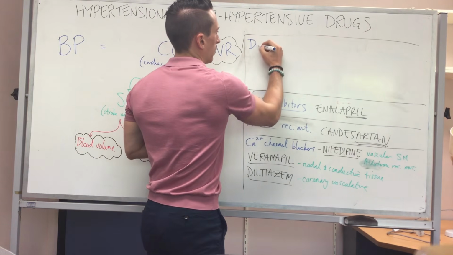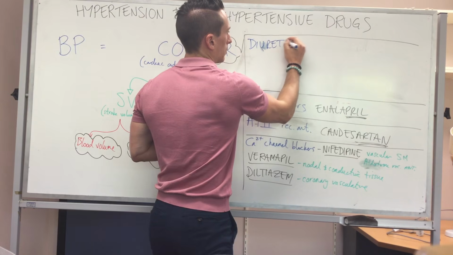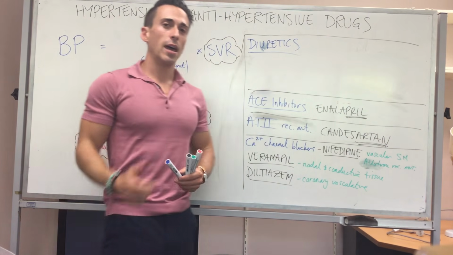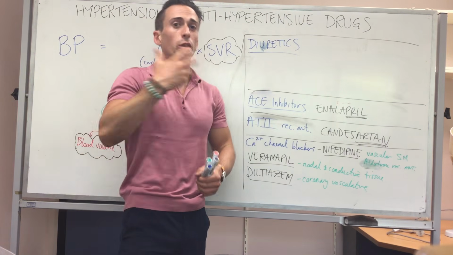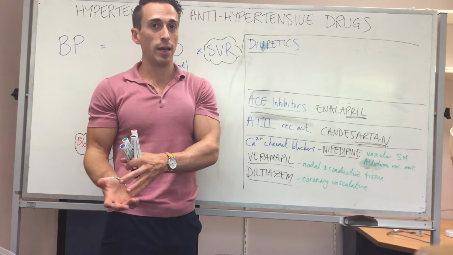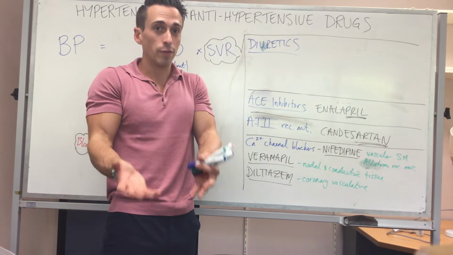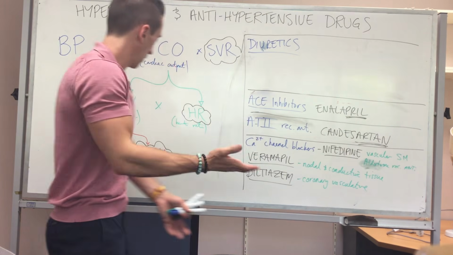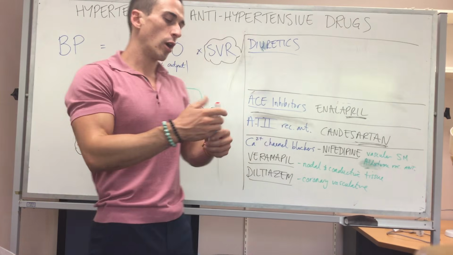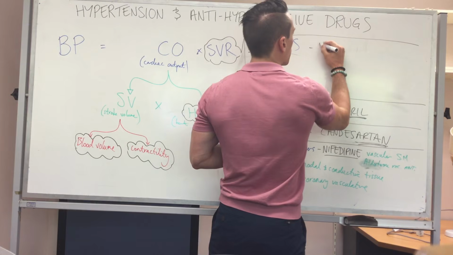Now, the diuretics act at the kidneys, specifically at the nephrons, and predominantly reduce sodium reabsorption, which means increases the amount of sodium that gets peed out, which means increases the amount of water that follows, increasing the volume that you pee out, reducing blood volume, reducing blood pressure. The most common sort of diuretic used as an antihypertensive medication are the thiazides.